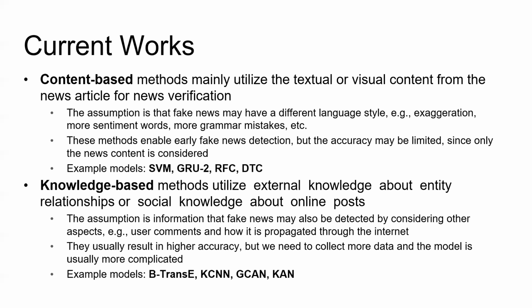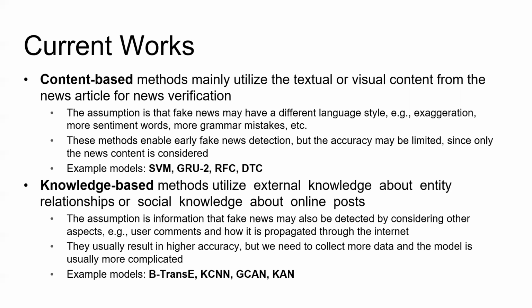tree classifier. The second category of methods are knowledge-based methods, which mainly utilize external knowledge about the entity relationships or social knowledge about online posts. The assumption is that fake news may also be detected by auxiliary information, such as how the comments are propagated and also the user features behind those user comments.